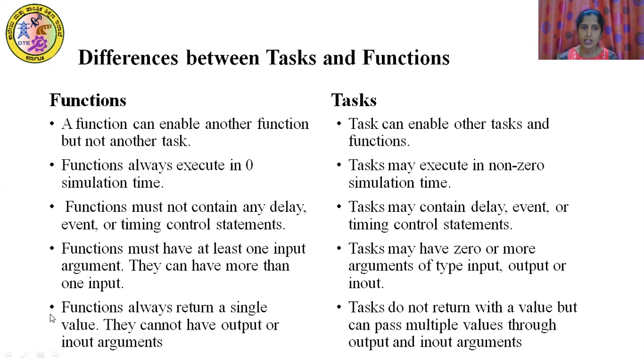And functions always return a single value and they cannot have output or inout arguments, whereas tasks do not return a value but pass multiple values through output and inout arguments. These are the differences between tasks and functions. With this basics, let's continue to know in detail about tasks and functions.